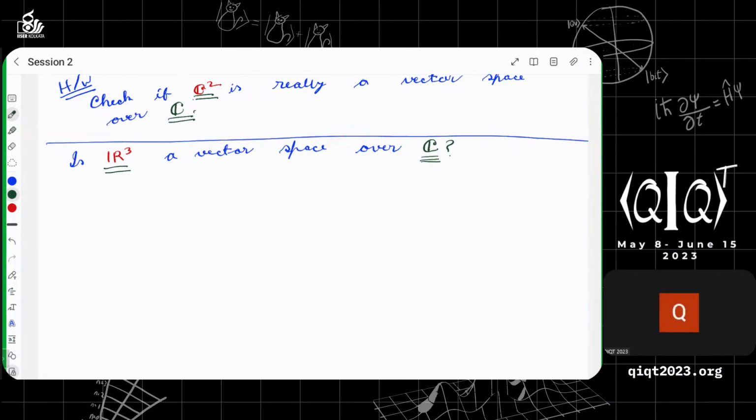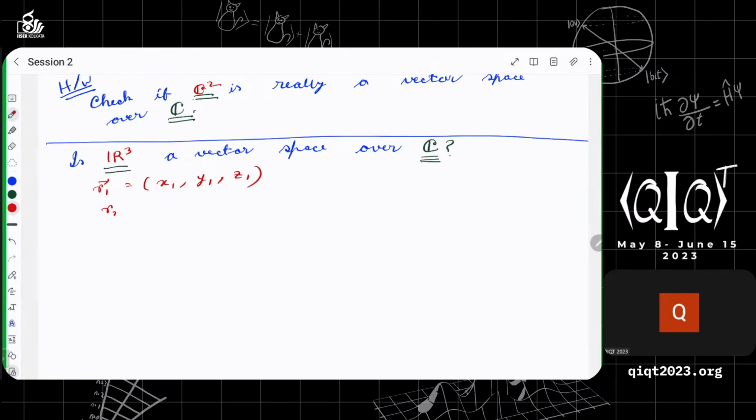Exactly. Yes, you're absolutely right. So let me just write it down for you. Let's say there are two vectors. You have taken R1 vector, which is something like, say, x1, y1, z1.